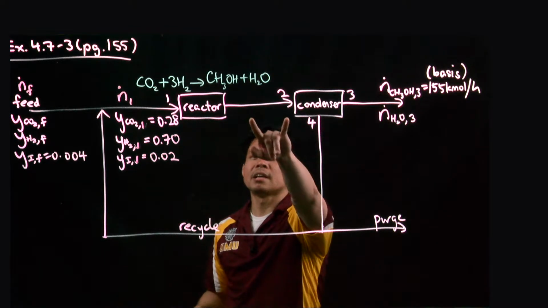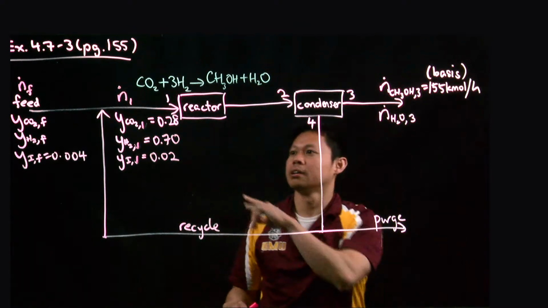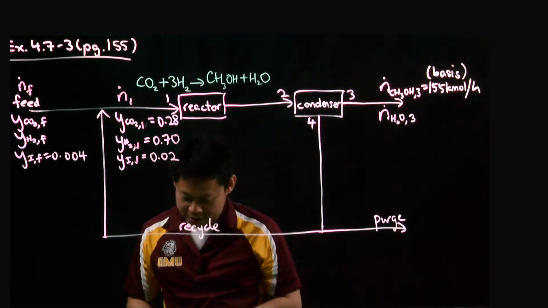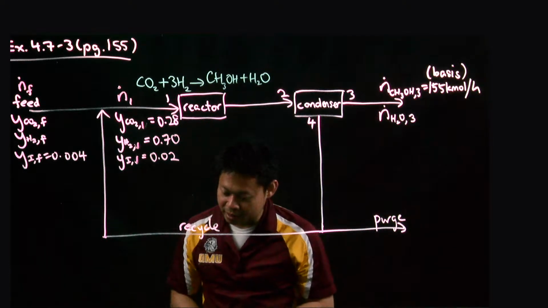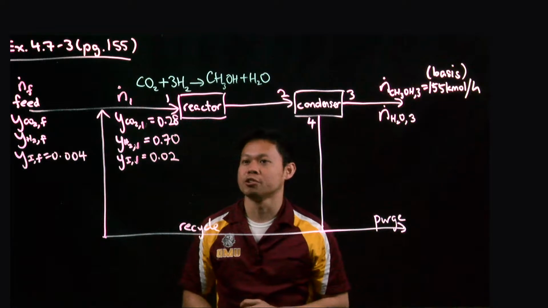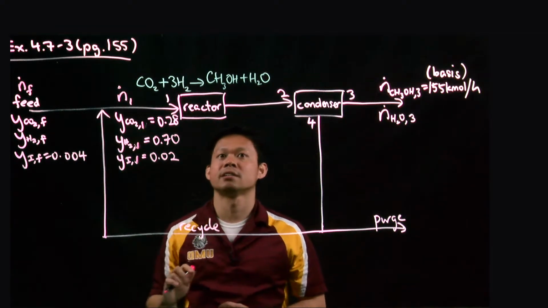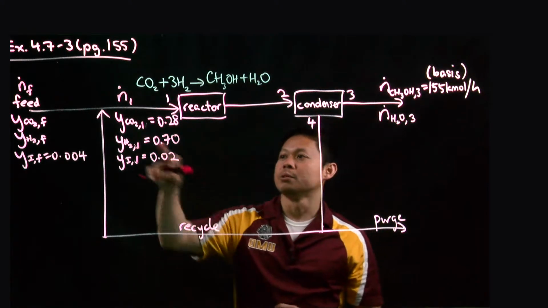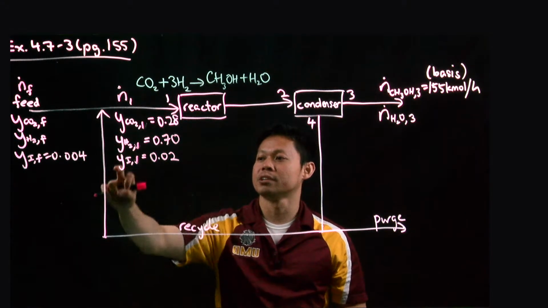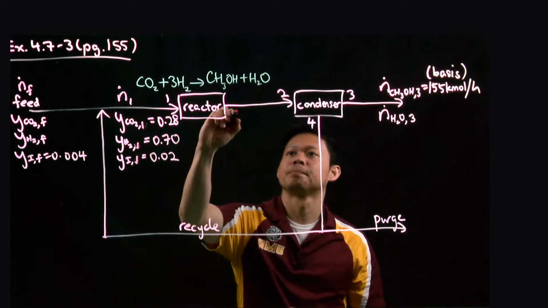Let's think about what is coming out of the reactor. Here, we are given the single pass conversion of hydrogen, which means not all the hydrogen is being consumed. None of the reactants are going to be fully consumed, which means we're going to have carbon dioxide, hydrogen, and inerts coming out for sure.